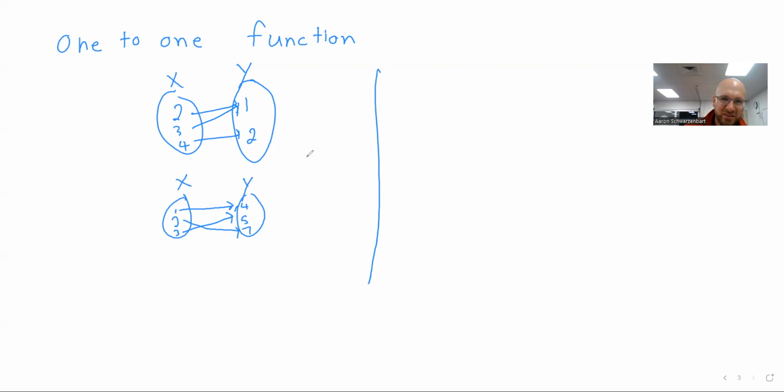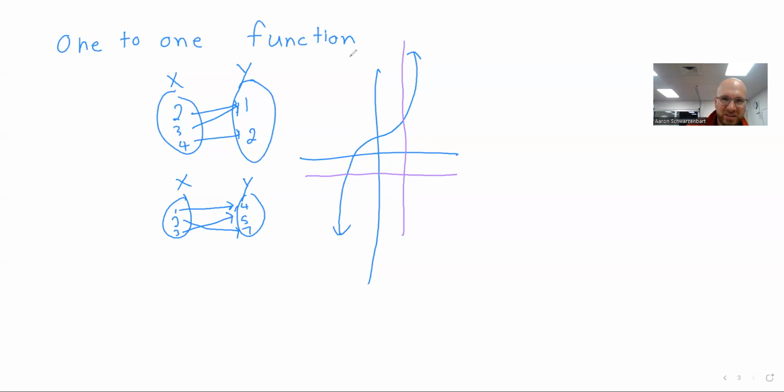What does that look like on a graph? Well, a 1-to-1 function has to pass both the vertical line test to be a function and the horizontal line test.